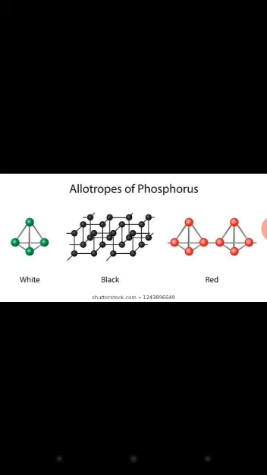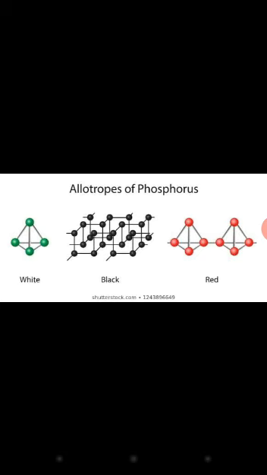You can see from the left side, the first one, white, exists in non-bonded form where the four phosphorus atoms are connected with each other. Whereas in the red one, you can see two molecules, and each contains one shape of four atoms. This is your long chain of red phosphorus.